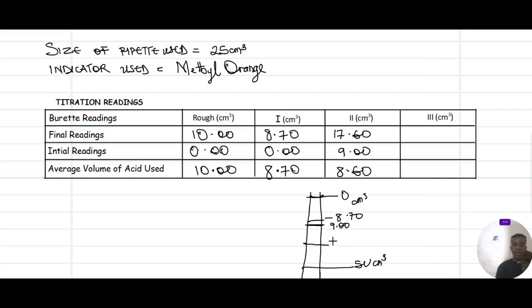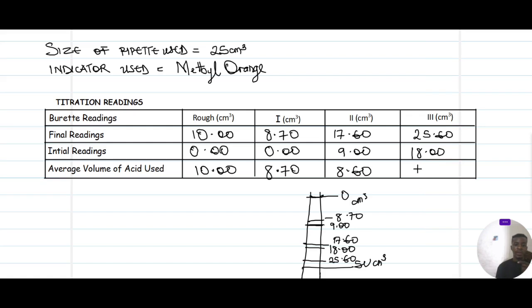Instead of filling back again, you can just drain it back. Let's say you ended at 17.60. You can just adjust it to, let's say, 18.00 and do it again. So your initial means you are starting from 18.00. By the time you continue with that 18.00, you'll be arriving at 25.60. So you should have your 25.60 here.